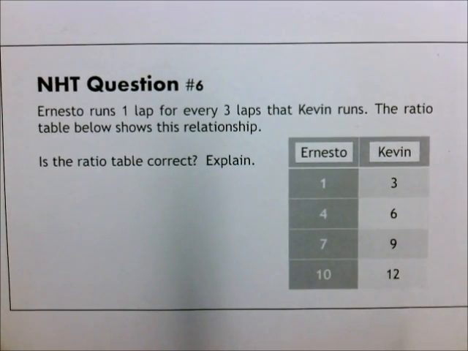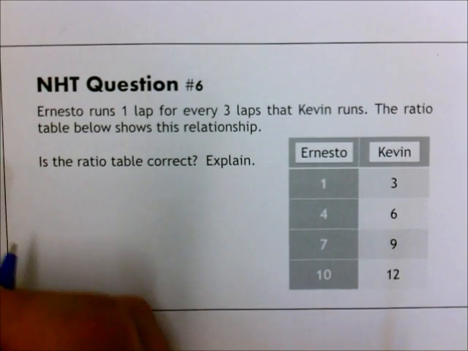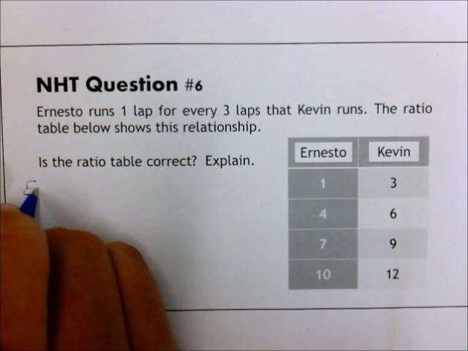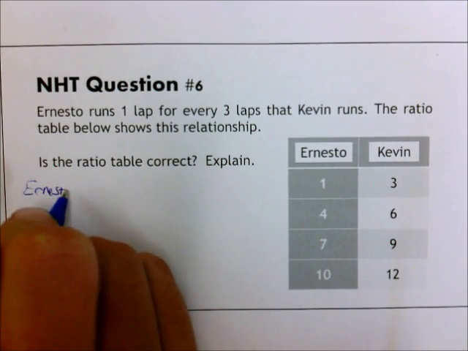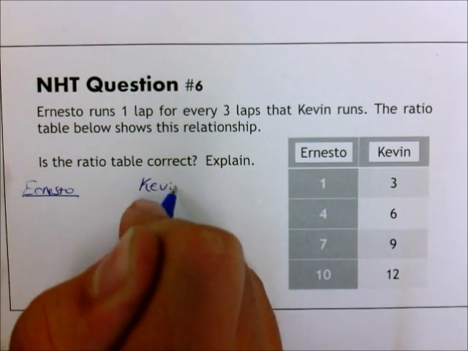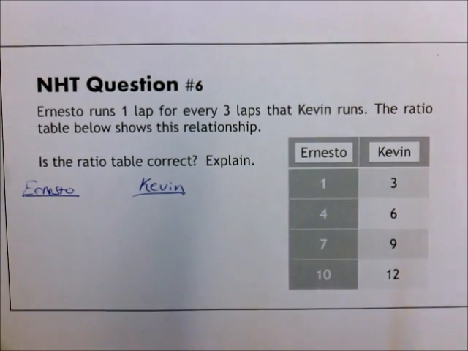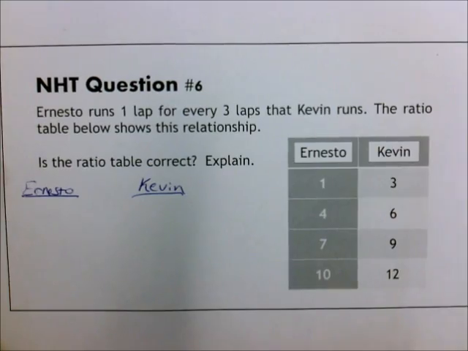But one of the things, especially with students that struggle a little bit, I make them come over here and write our 2 people's names. So we have Ernesto, and we have Kevin right there. So what this is saying is, for every lap Ernesto runs, Kevin runs 3 of them.